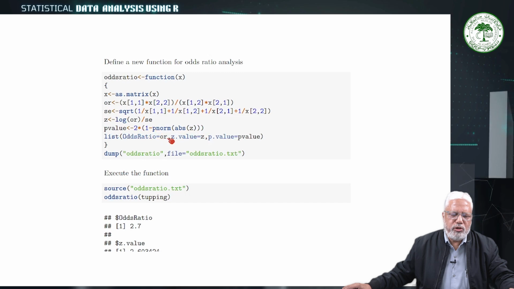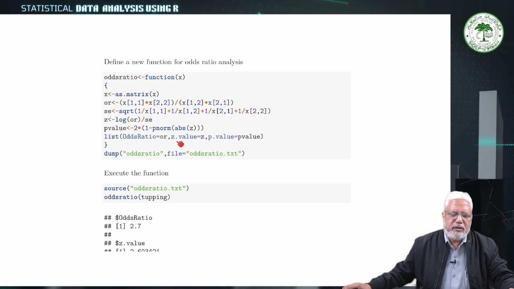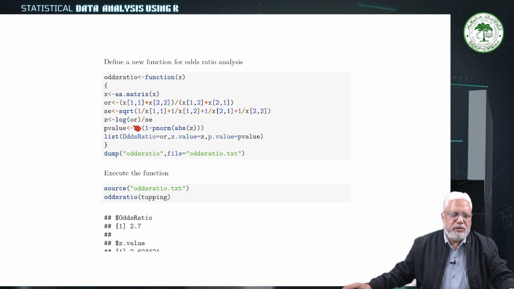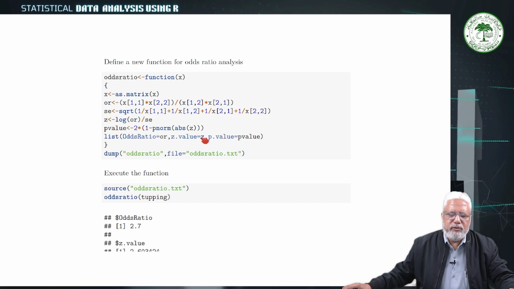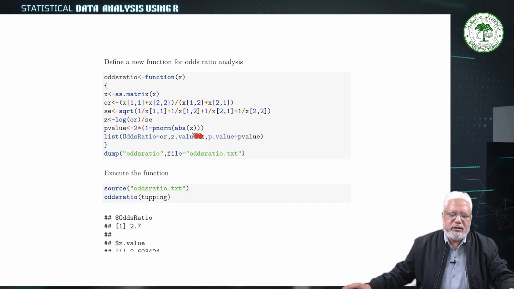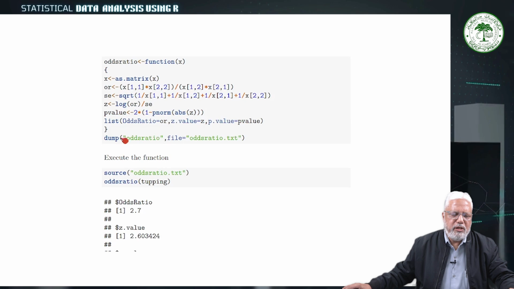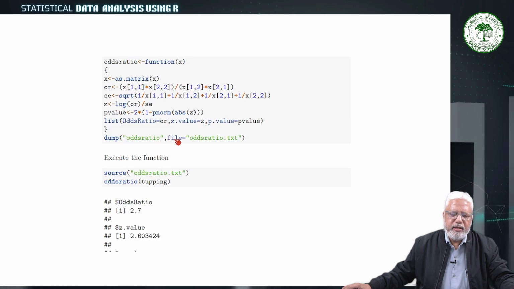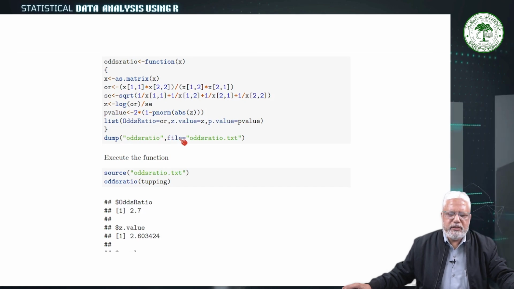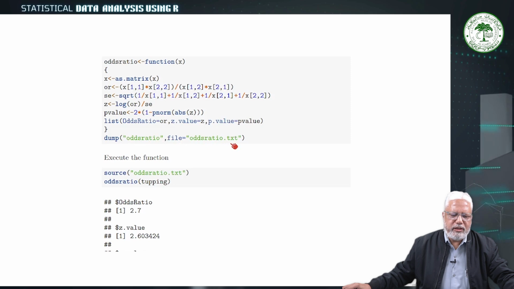The list is the odds ratio estimate OR, the z value, which is the statistic, and the p value. Then we are dumping this in the file odds ratio.txt.